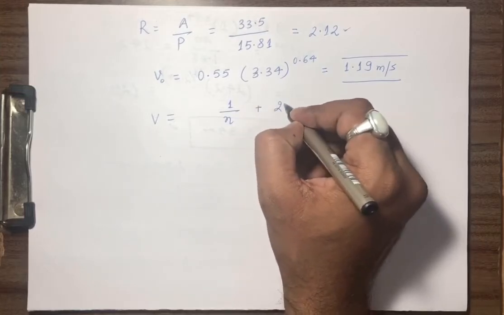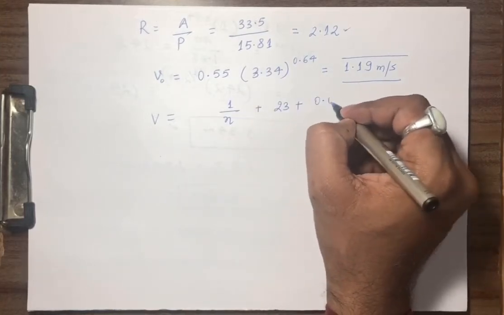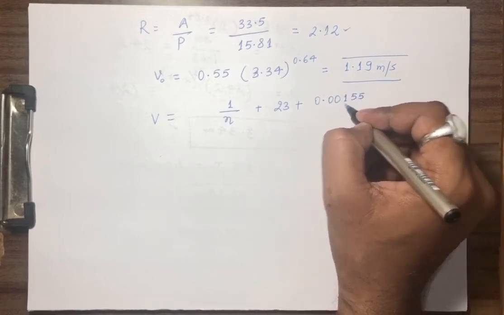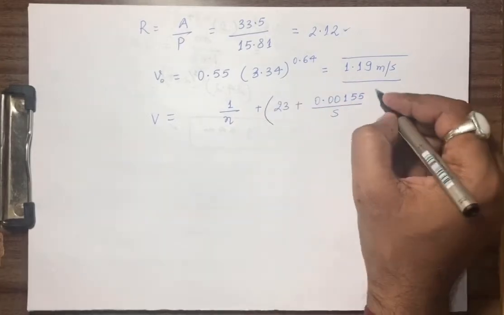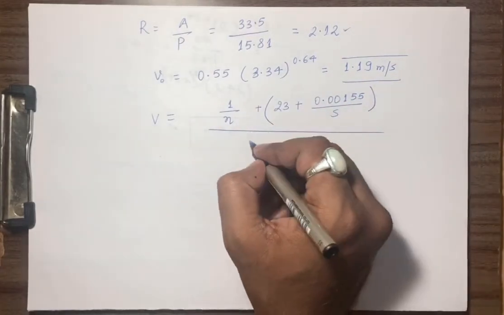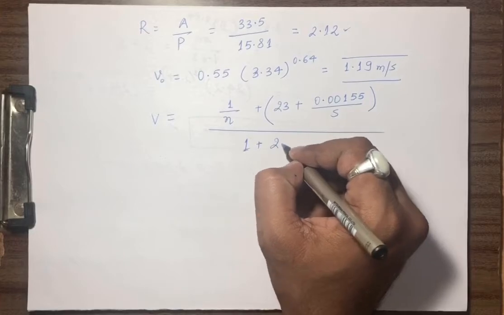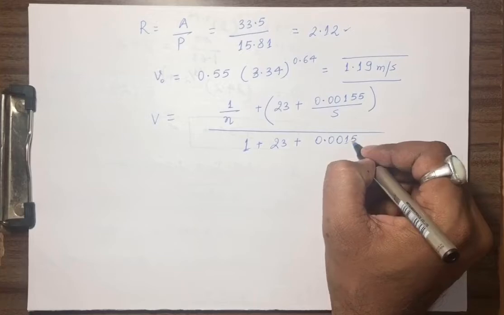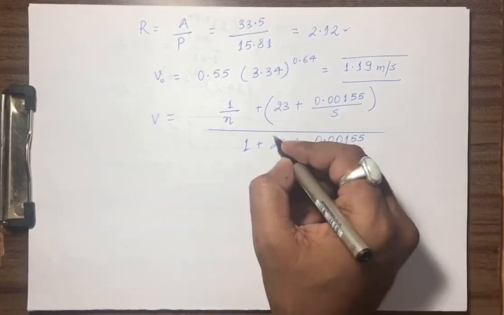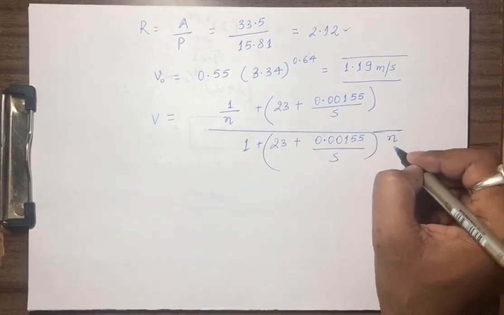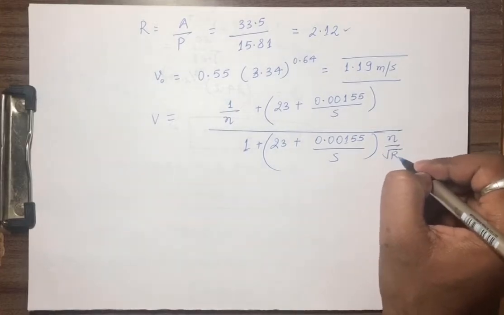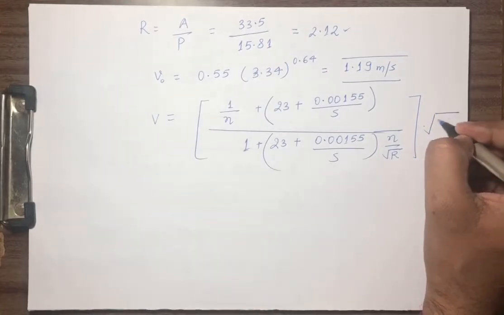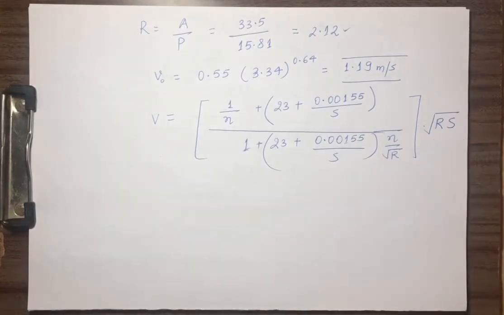So it was 1 by n, 23 plus 0.00155 divided by s, this whole divided by 1 plus 23 plus 0.00155 divided by s, this multiplied by n times root r, and this whole was divided by r into s.